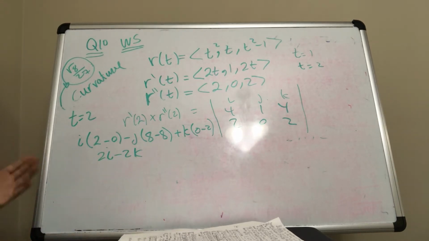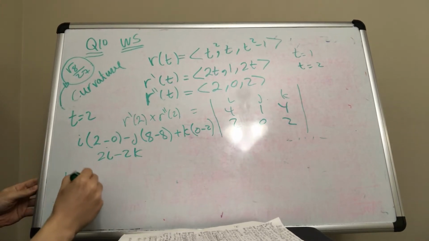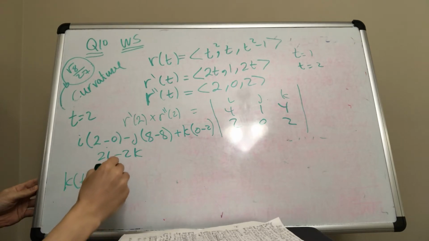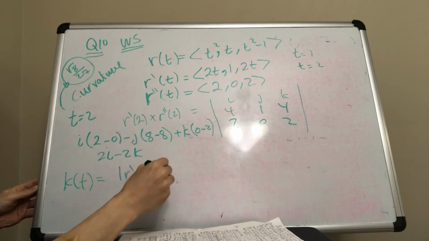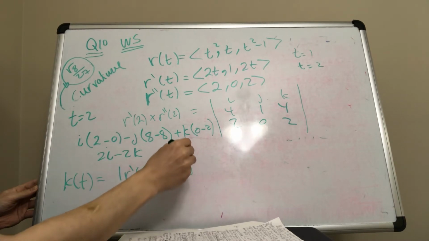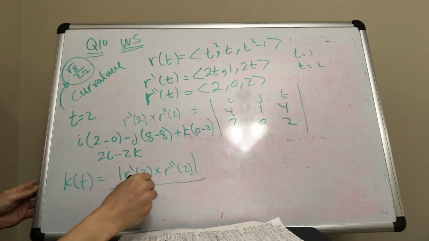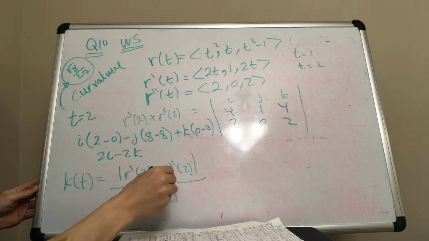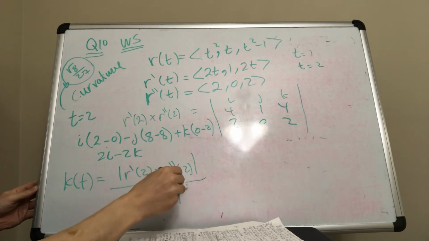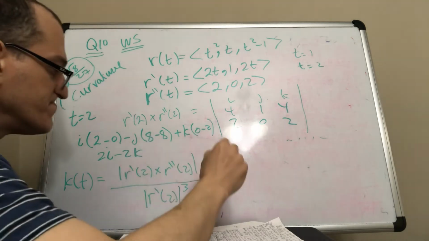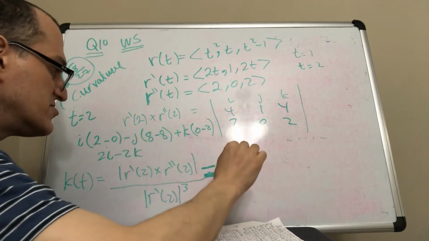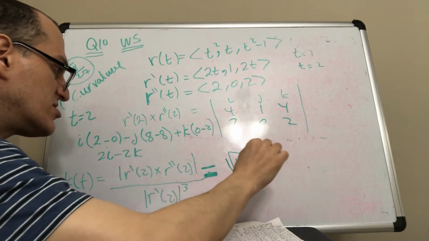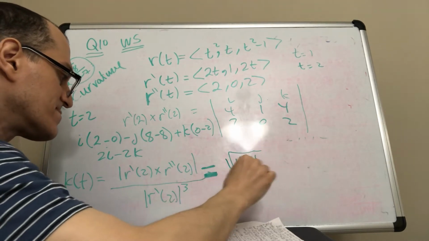Then for the curvature, you find the magnitude of the cross multiplication over the magnitude of the derivative, but this one cubed. The magnitude here would be 4 plus 4.